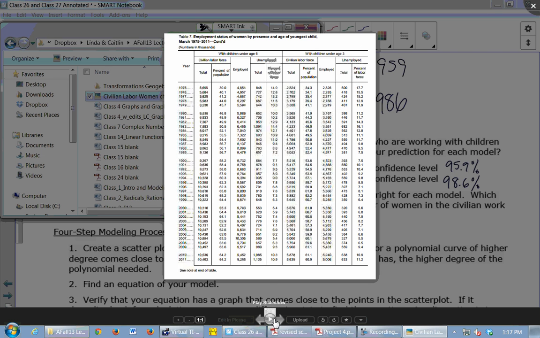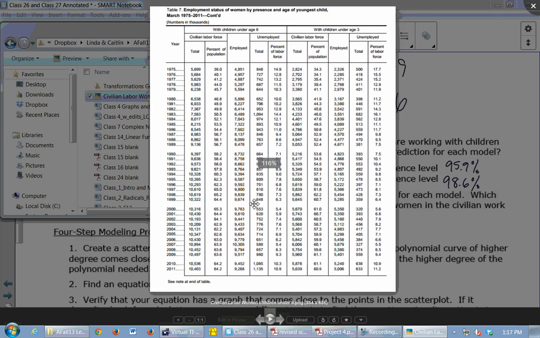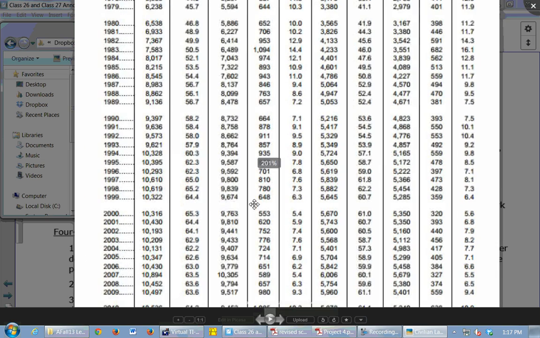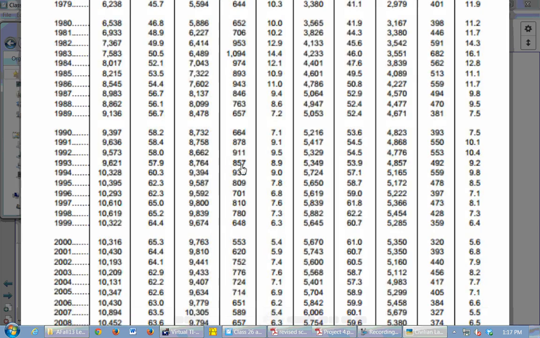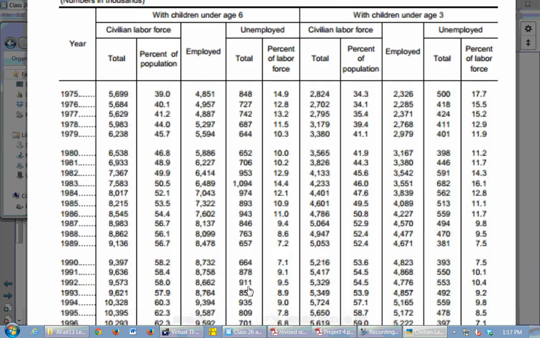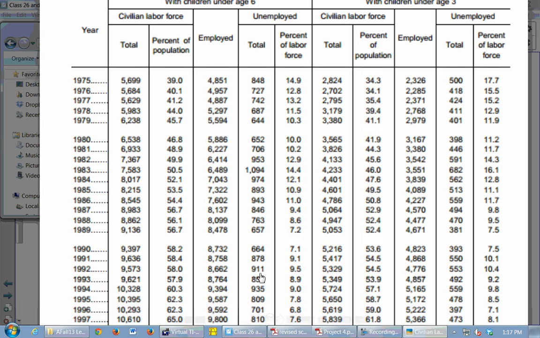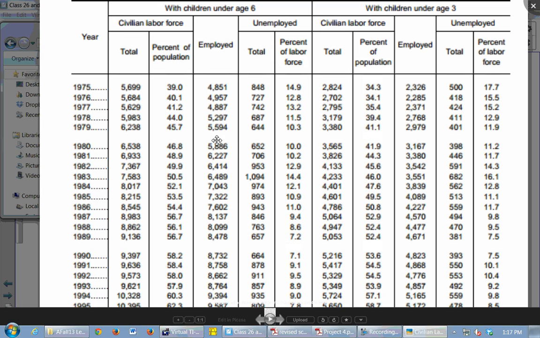Let's see, can I make this bigger? All right, 2011, wait, which column is it? The third column, women with children under 6 who are employed.